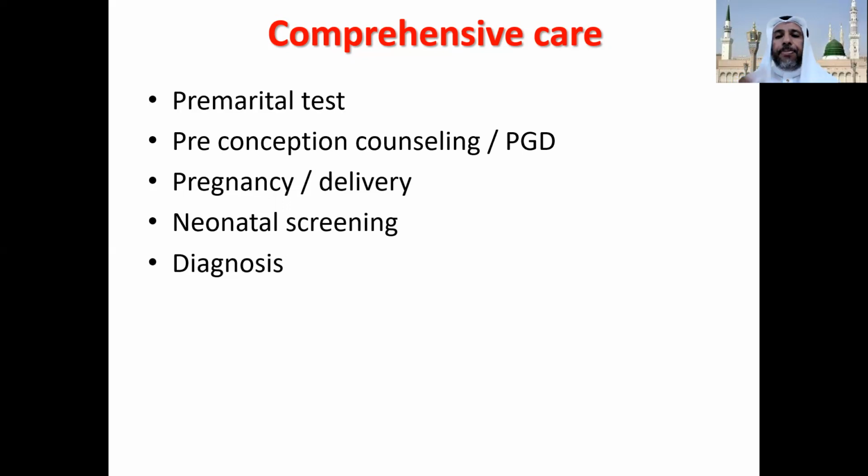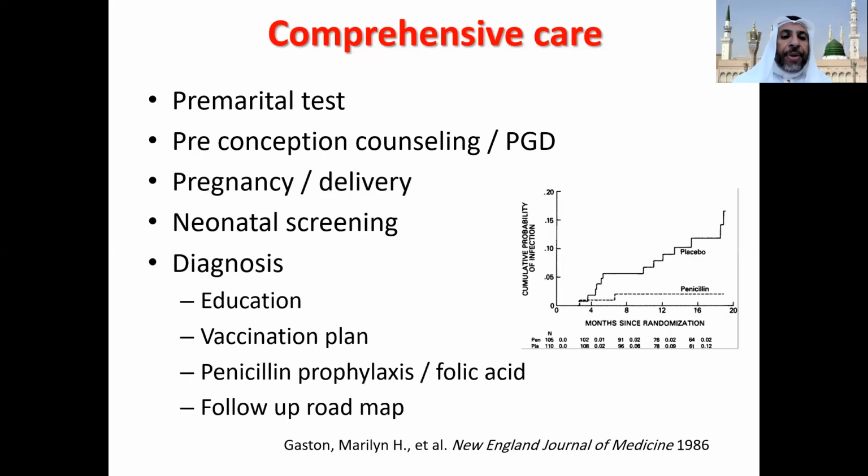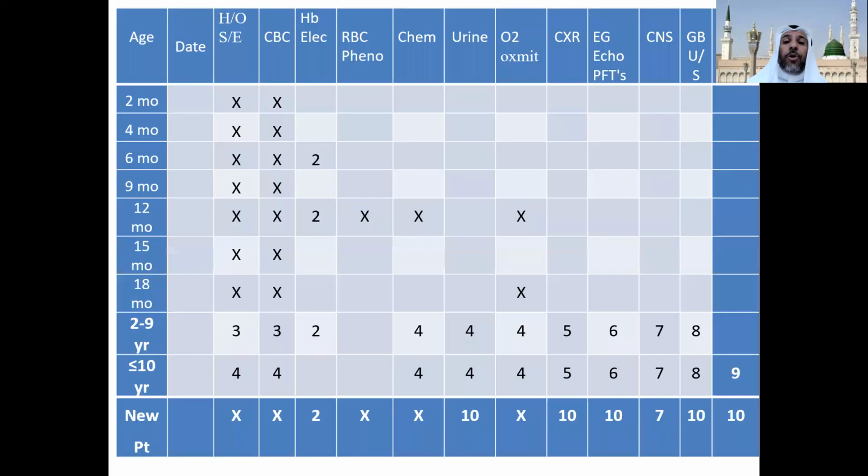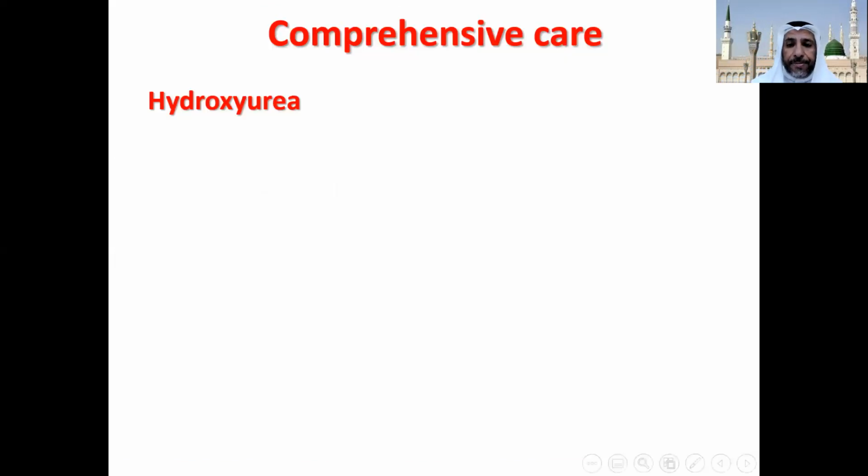Premarital screening, even before marriage happens. Education is very important among sickle cell anemia patients and families. Vaccination plan, penicillin prophylaxis and folic acid, and we have to have a follow-up roadmap so we know what to do at each visit of those patients.